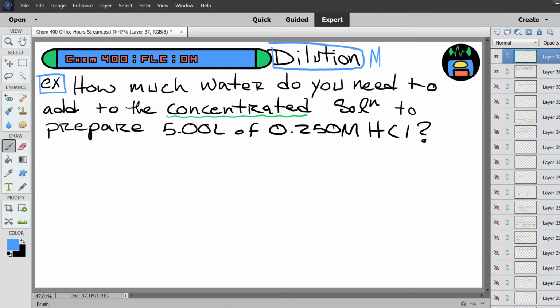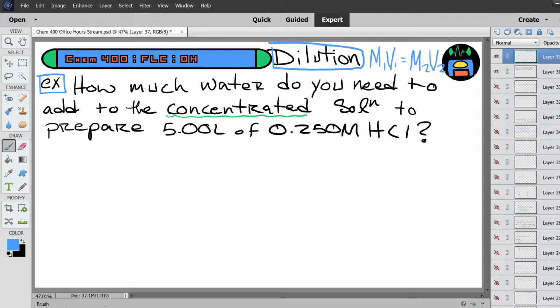Initial molarity times initial volume is equal to final molarity times final volume.